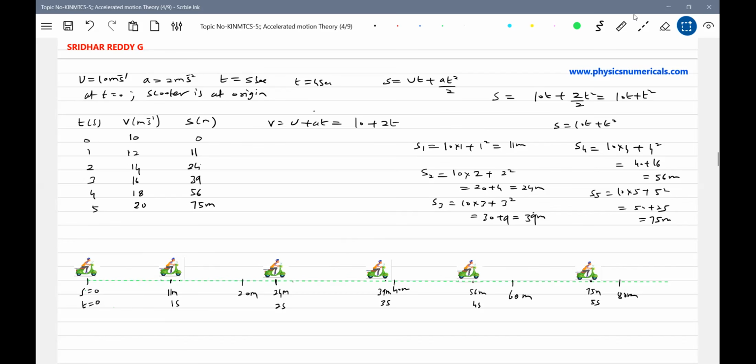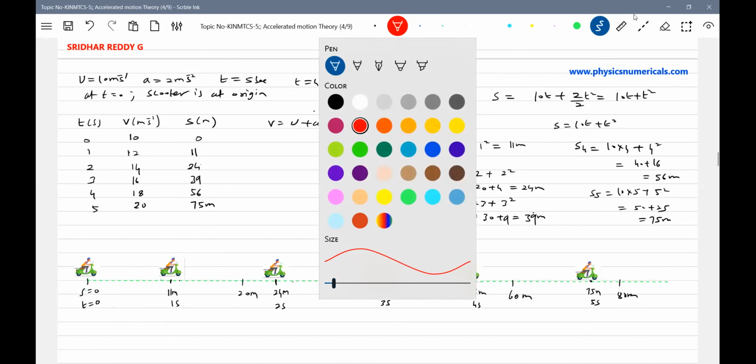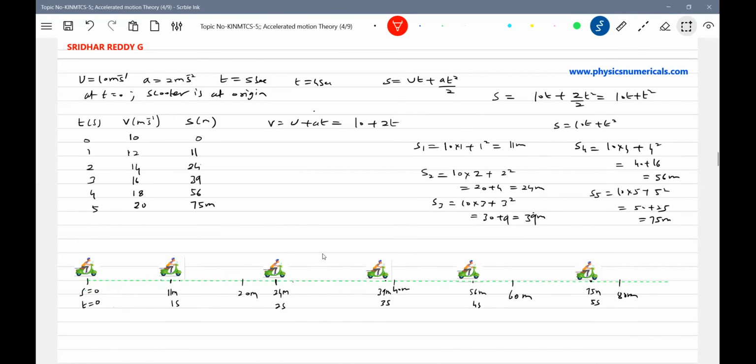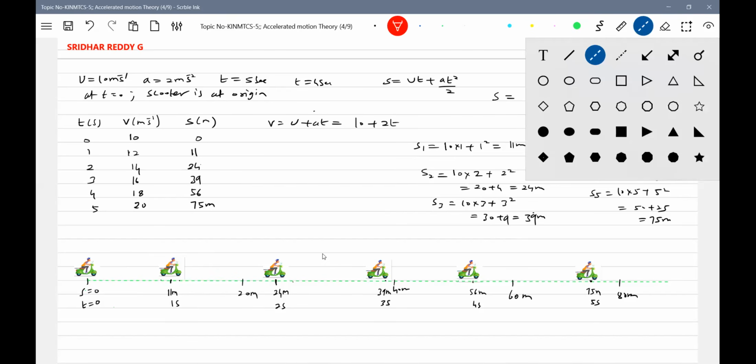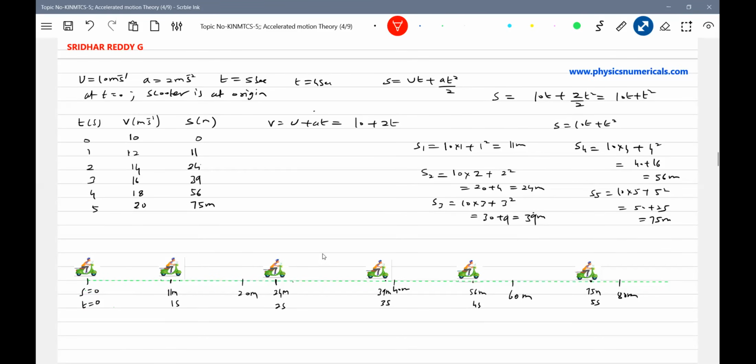Now you see that in the first 1 second, how much distance will he move? He will move 11 meters. Next, how much distance will he move? 24. That's the distance covered. You see the distance covered keeps on increasing. The length of the arrow keeps on increasing. I didn't draw it to scale, but still you can see this.